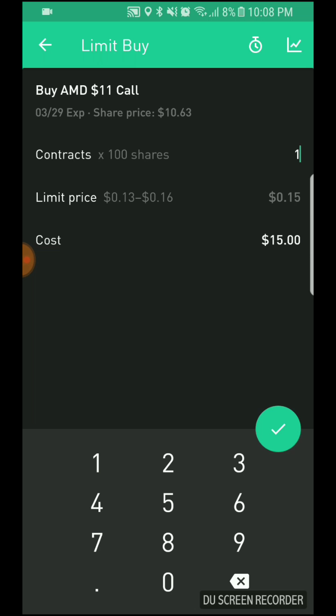If it goes above $11.15, and every time it goes up by, I believe, 15 cents, you would double your money and so on and so forth. So you get more and more money the higher AMD goes. So that's what it means.